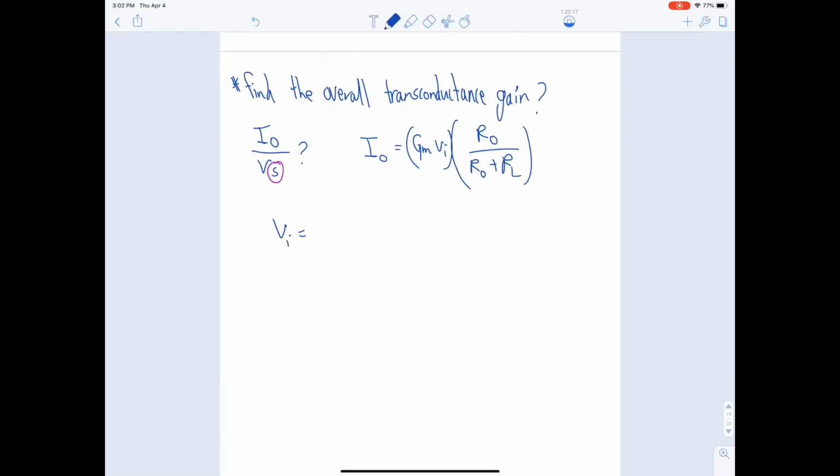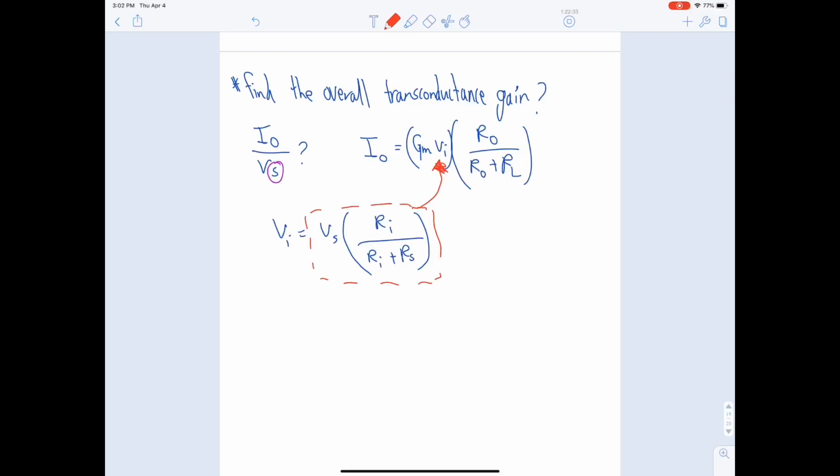It's Vs multiplied by Ri over Ri plus Rs, the total. Okay, so now we need to take all of this and substitute it into the first equation here.